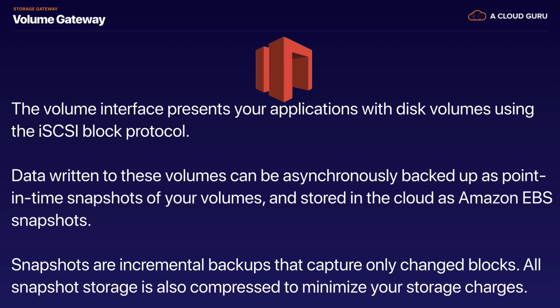So Volume Gateway basically is a way of storing your virtual hard disk drives in S3, and it looks like EBS snapshots. Now, don't worry, we haven't covered off what EBS is yet. We will cover that off in EC2 in the very next section of the course.